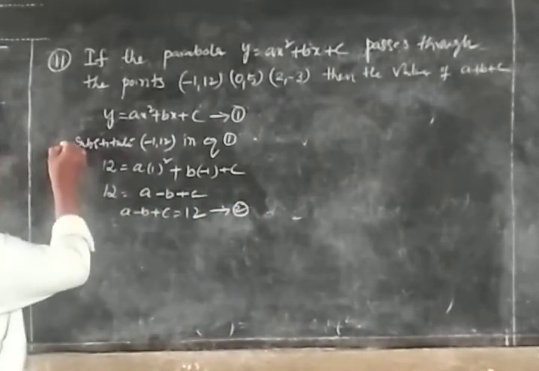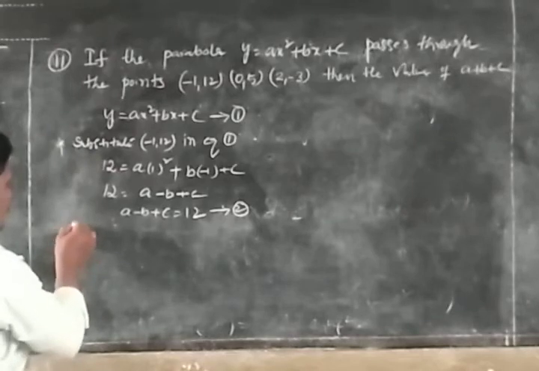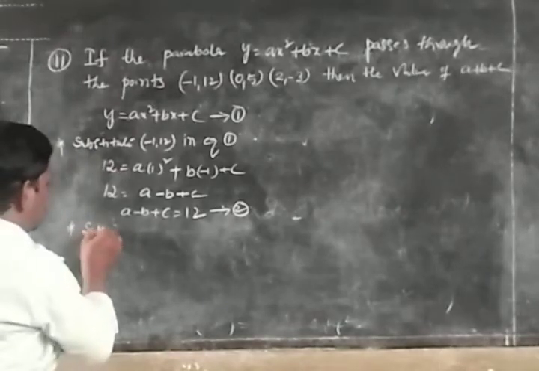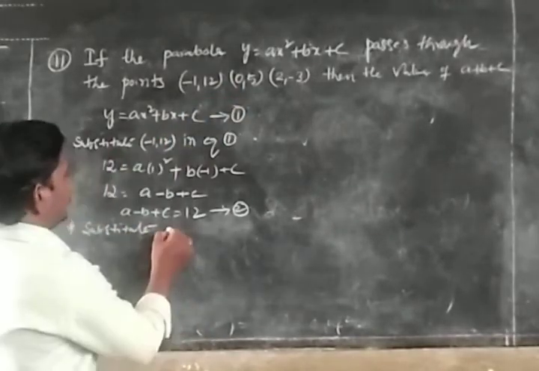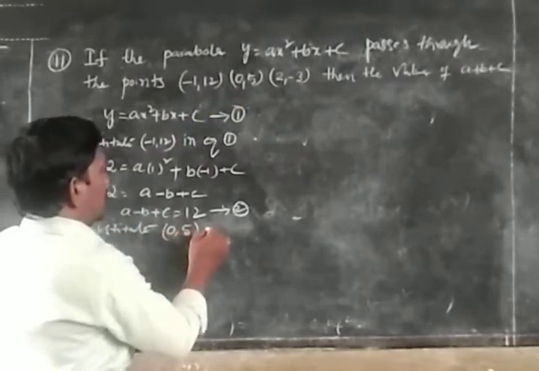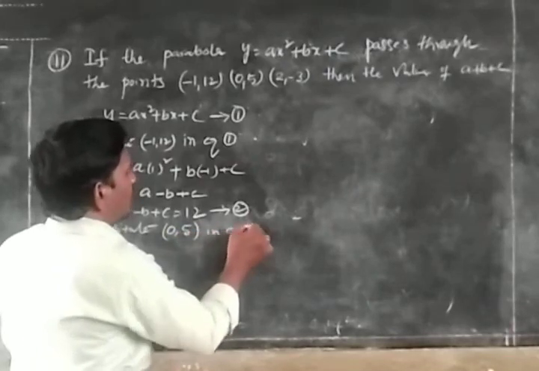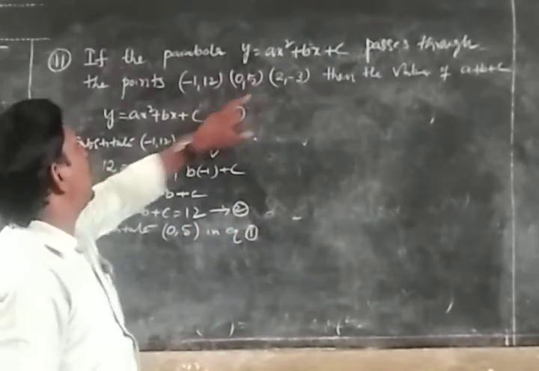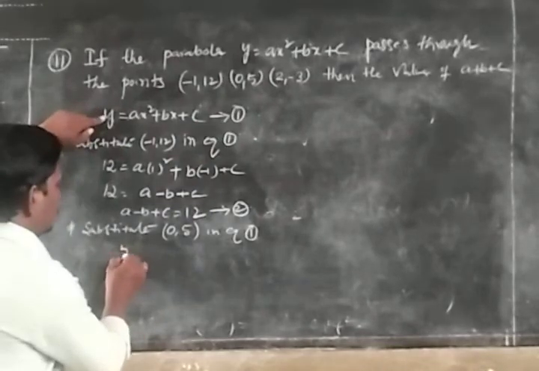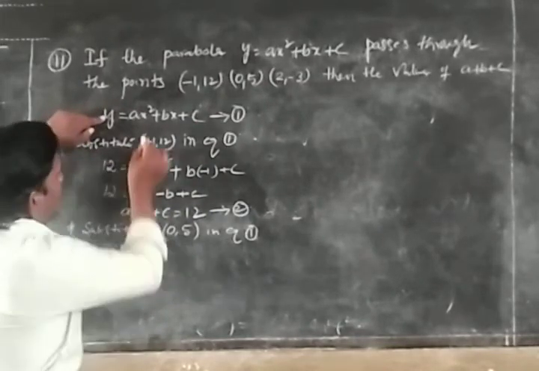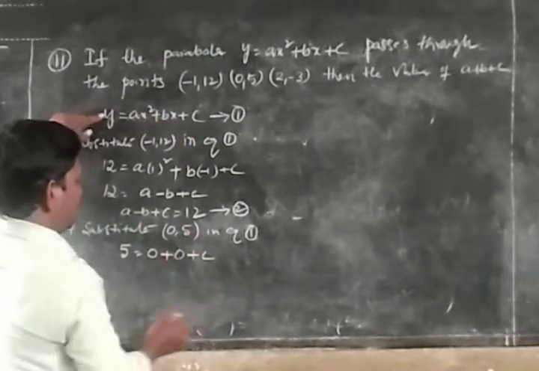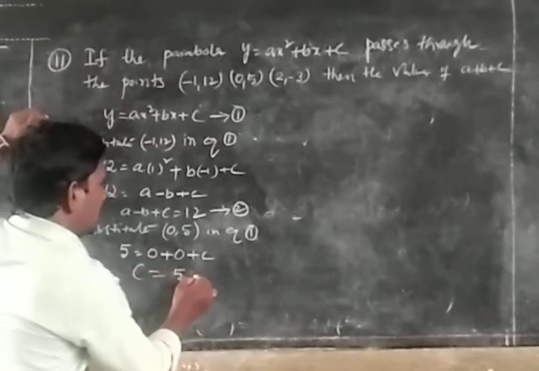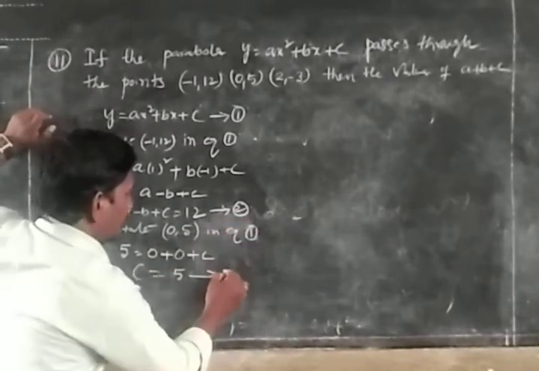Now substitute 0 comma 5 in equation 1. 0 comma 5 means 5 equal to a into 0, b into 0, plus c. Now c equal to 5. This is equation 3.